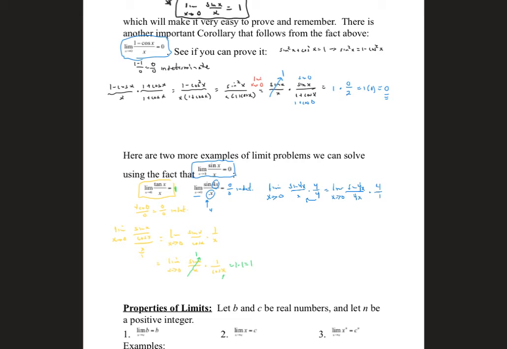Now we can see that the limit of a product is going to be the product of the limits. Once these match, as x goes to 0, these go to 0 at the same rate.